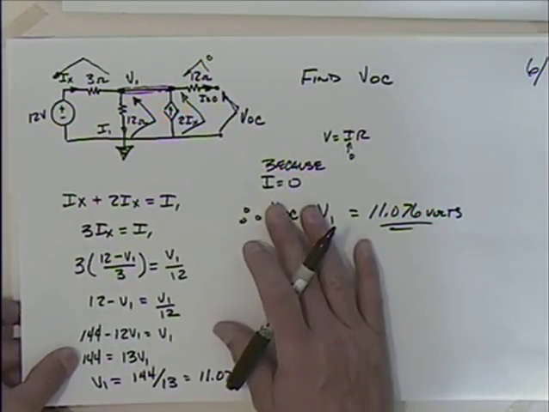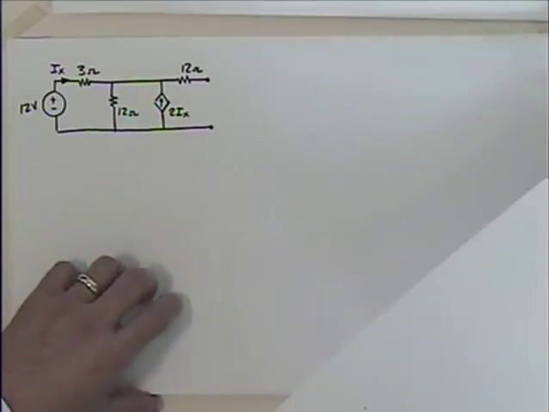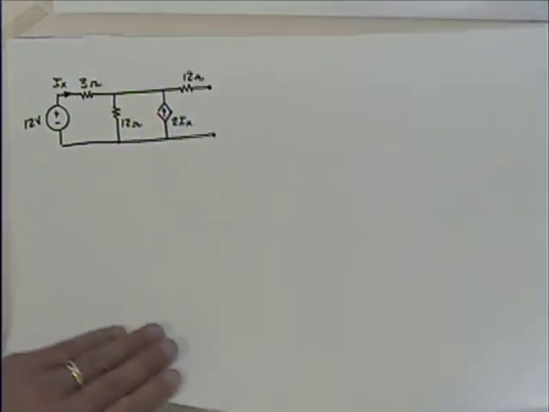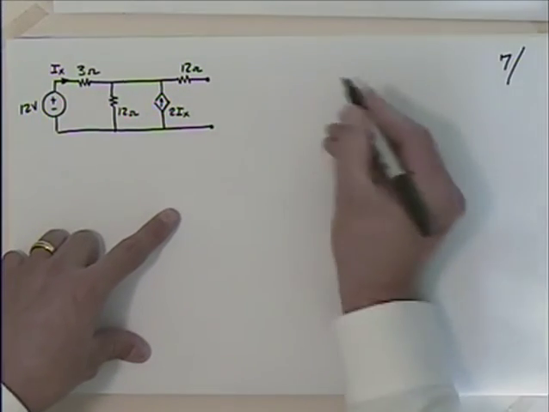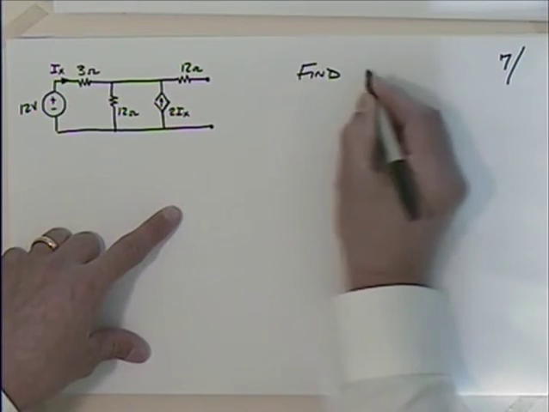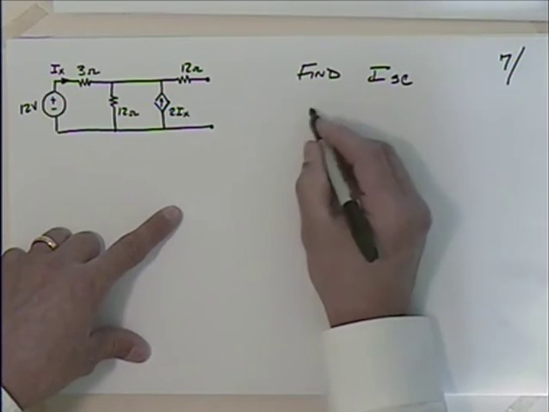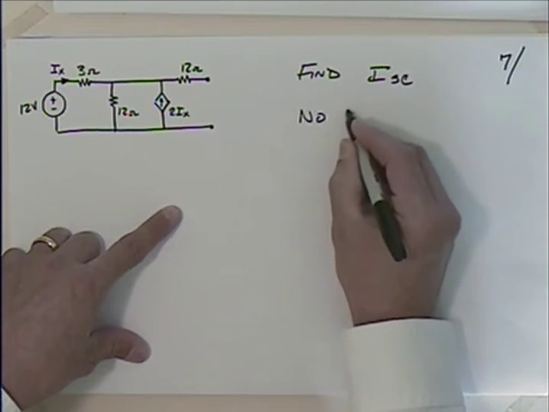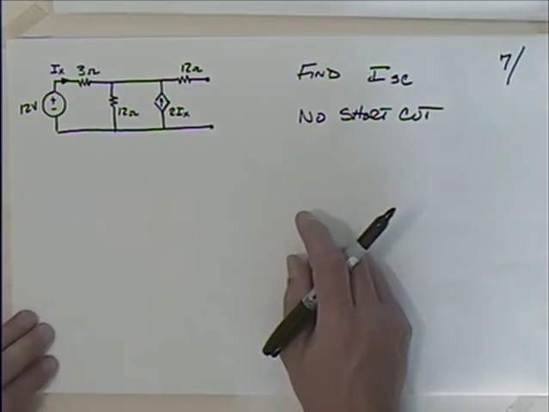We can't use a shortcut. Got a diamond, no shortcut, so we have to find I short circuit. Okay.